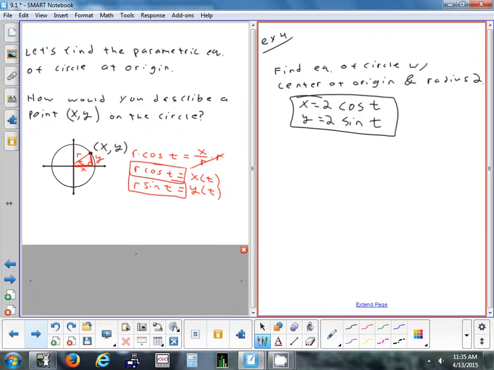Cole? Sine. Yeah, you'd add a number to sine. You'd say 2 sine t plus 3 on the end of it or something. That would shift it up and down. If you wanted to shift left and right, you'd add plus or minus to the top equation. Okay, let's try to draw that.